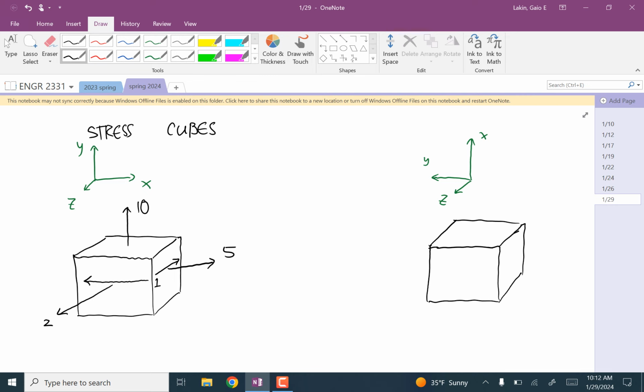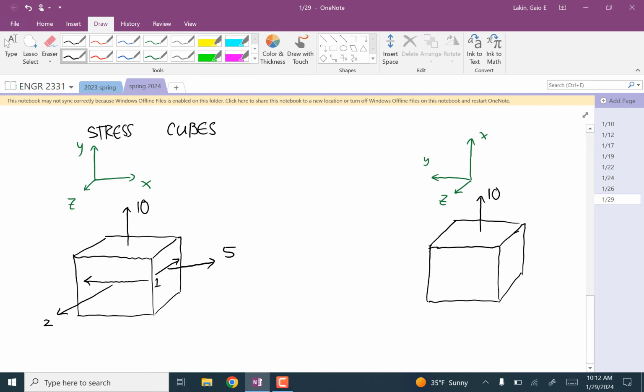So on the x face, we had 10 in the x direction and nothing else. This one's a little tricky because what we have is the positive y face, but that's not the one we're looking at. So remember that the negative y face is going to have exactly opposite values of the positive y face. So the positive y face says positive 5 in the y direction, and 1 in the z direction.